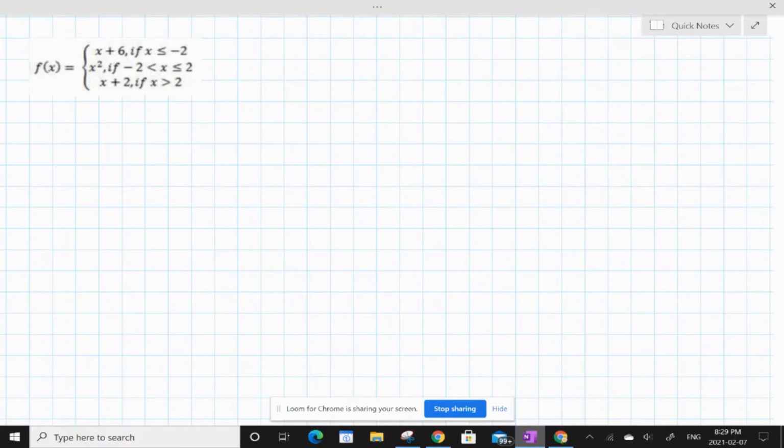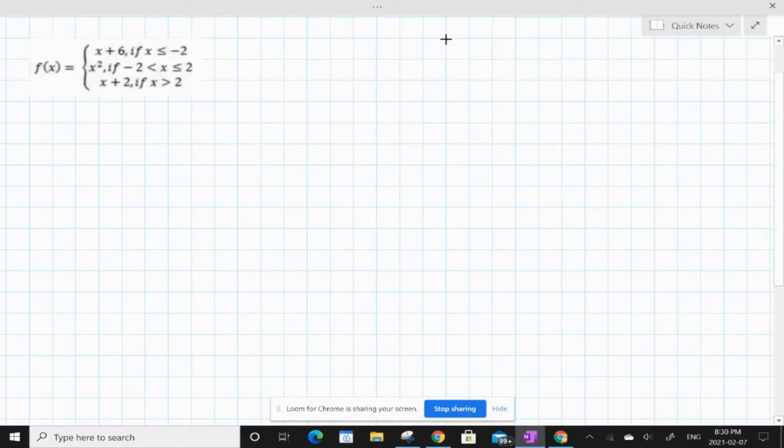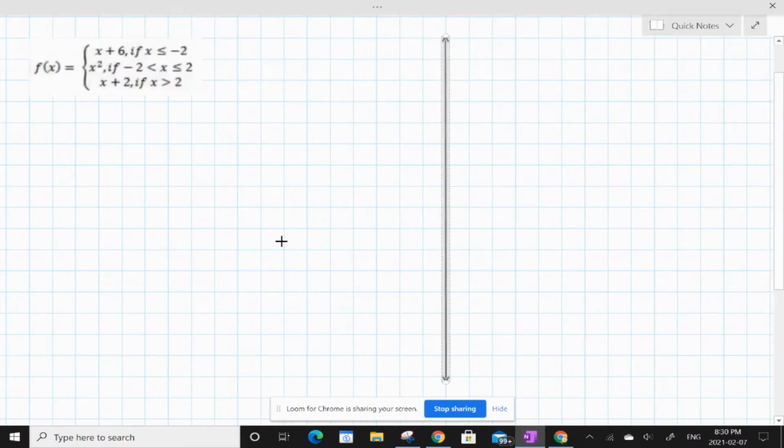So I've got grid paper, and I'm going to make my x and y axes. Let's draw some lines to help me out here. Here's my y-axis, and then I'm going to make my x-axis. So here's my x, and here is my y.